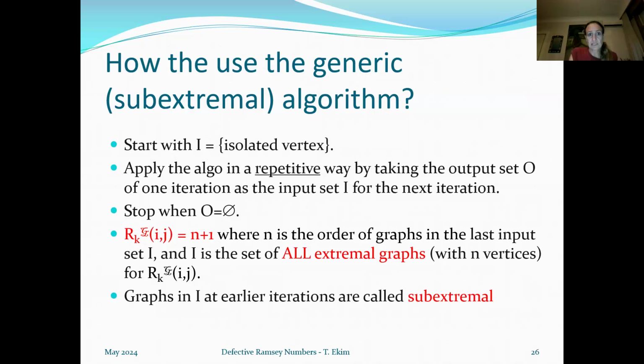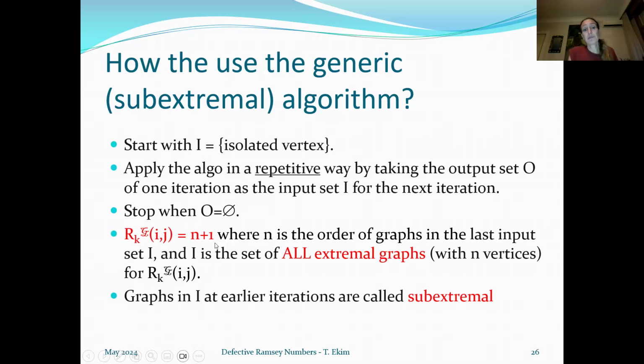So how do we use this generic algorithm? We start with simply an isolated vertex, because any extremal graph will contain an isolated vertex. And then apply the algorithm in a repetitive way by taking the output set O of one iteration as the input set for the next iteration. And we're going to stop when the output is empty. At that point, it means that we have reached the desired Ramsey number.